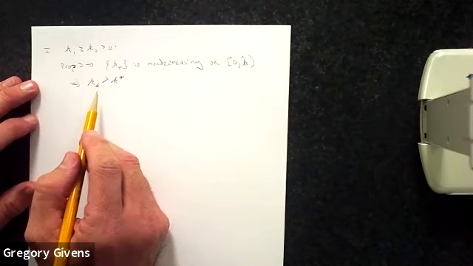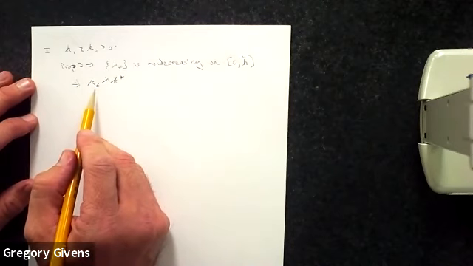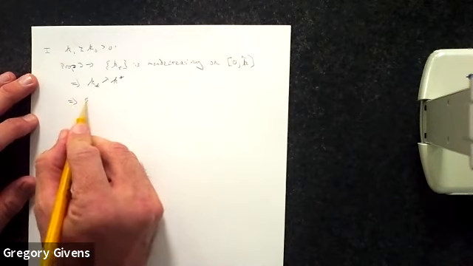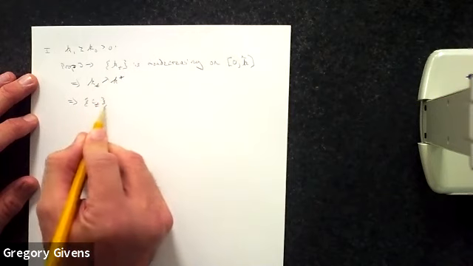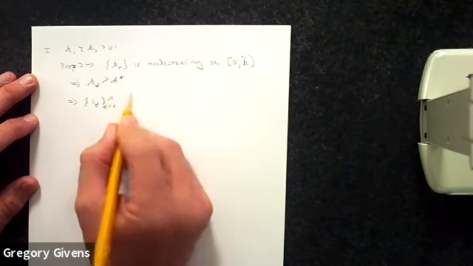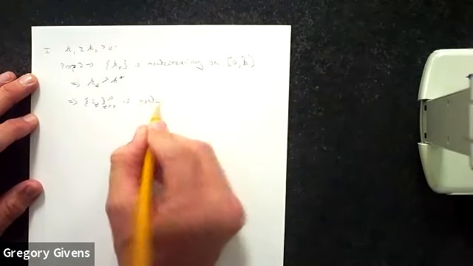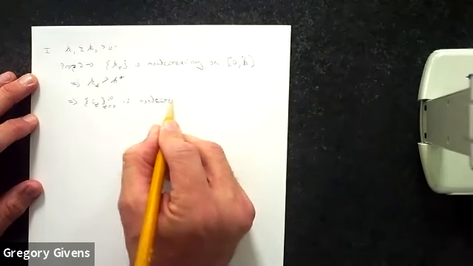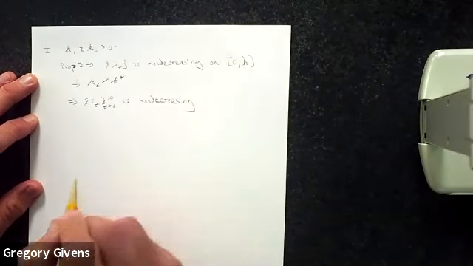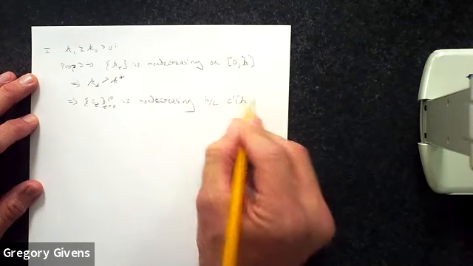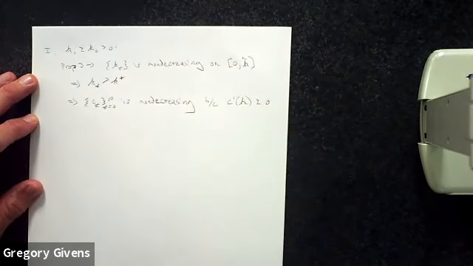Because consumption is a non-decreasing function of the capital stock, this is going to imply that the sequence of consumption is non-decreasing. Again, that's because C prime of K is greater than or equal to 0.